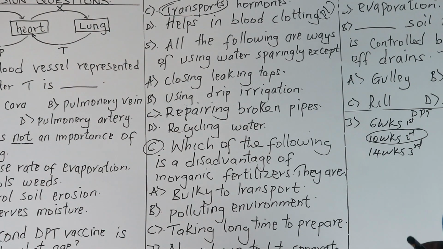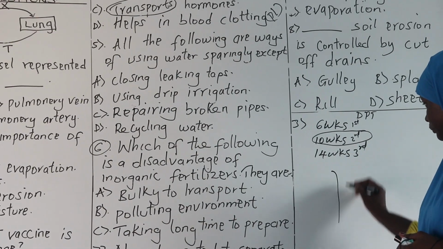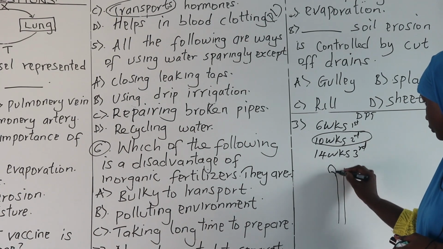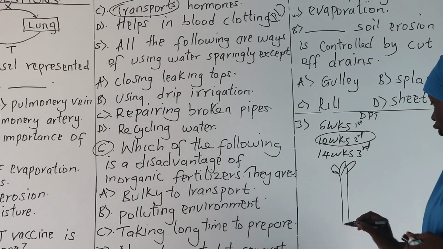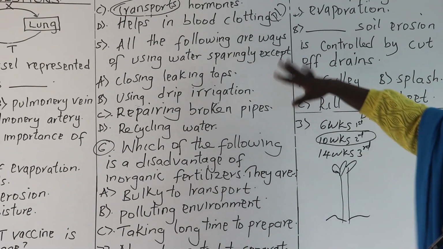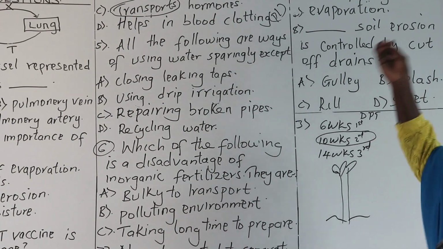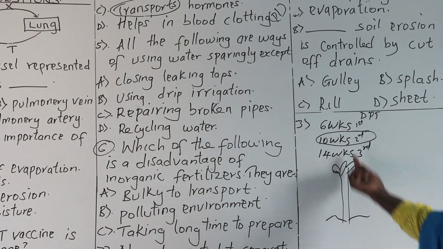Nobody is using it. Using drip irrigation. What is drip irrigation? Drip irrigation is where we get a plant and we want to water our plant, we want to do irrigation. We don't pour water on top, because when we pour water on top, there is a likelihood most of the water will just go to waste. Only a small amount will get to the root so that the plant can absorb.